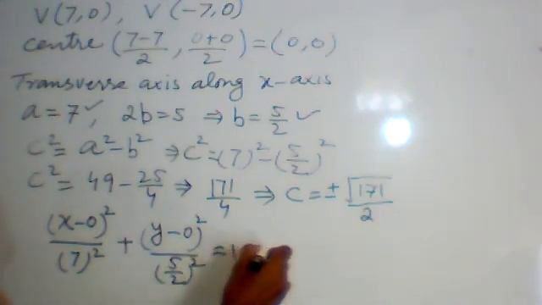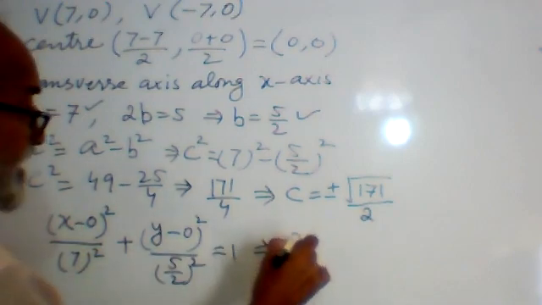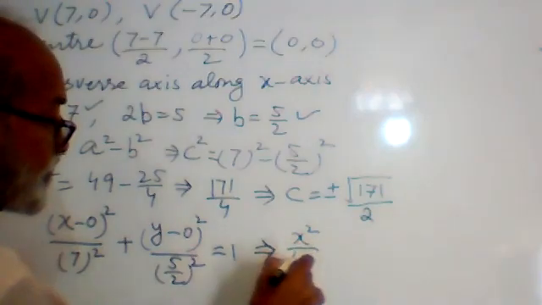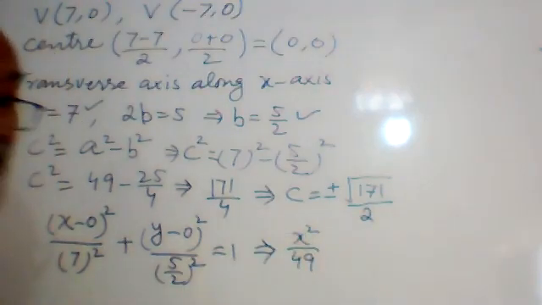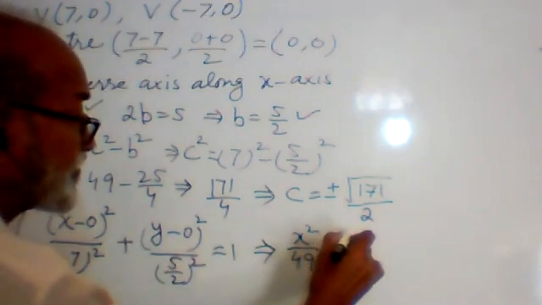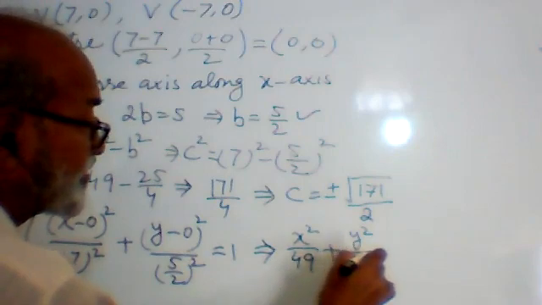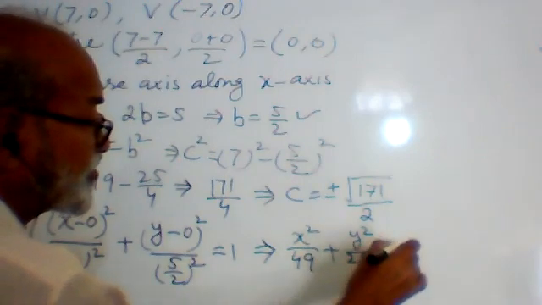It will become x square upon 49 plus y square upon 25 upon 4 equal to 1.